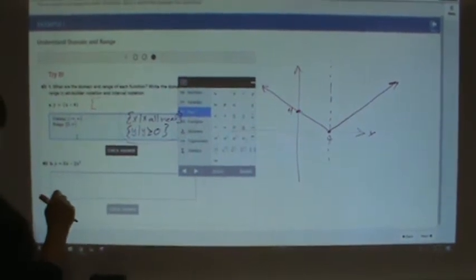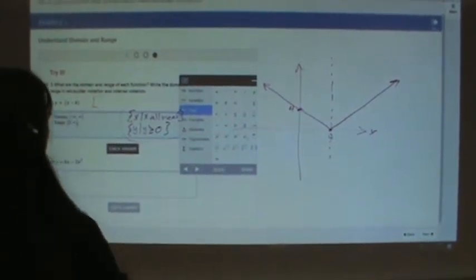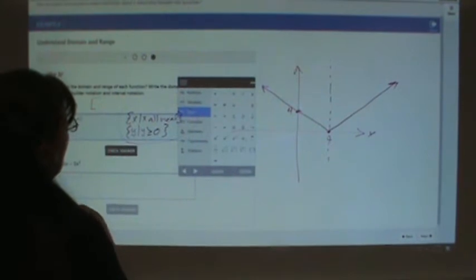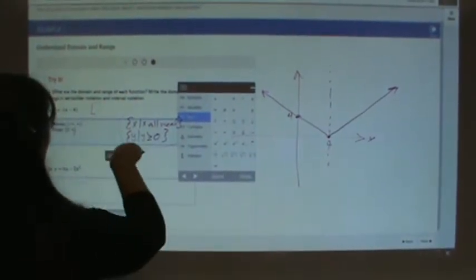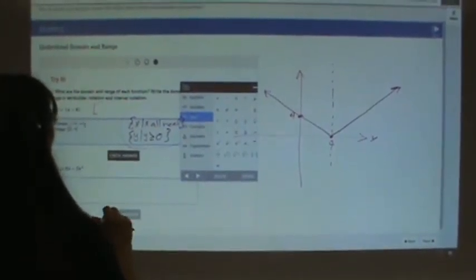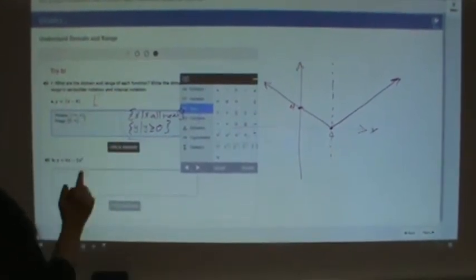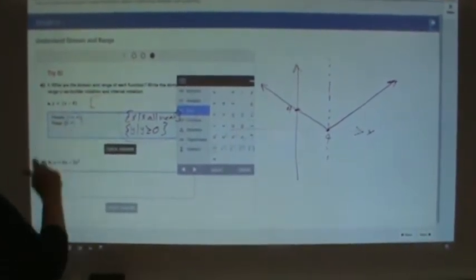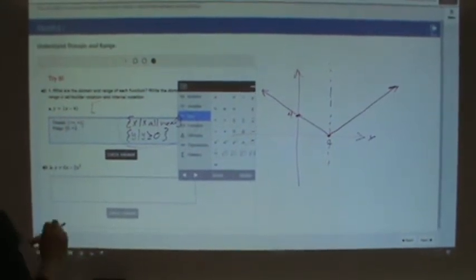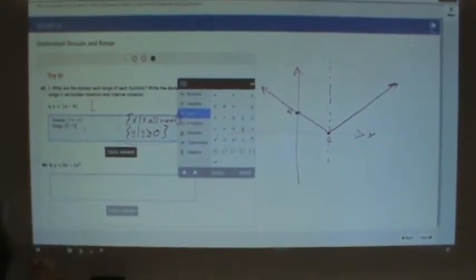You mean a closed parenthesis, like that. Yes.